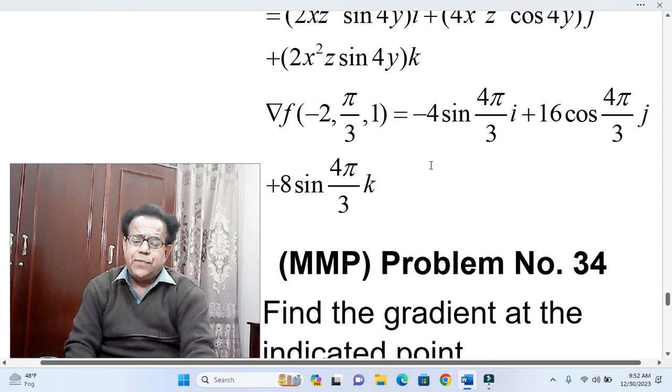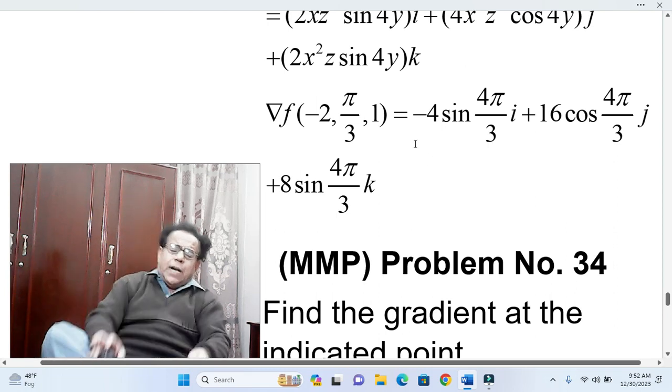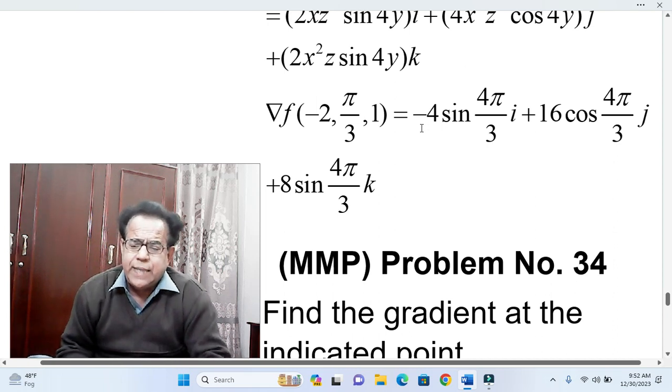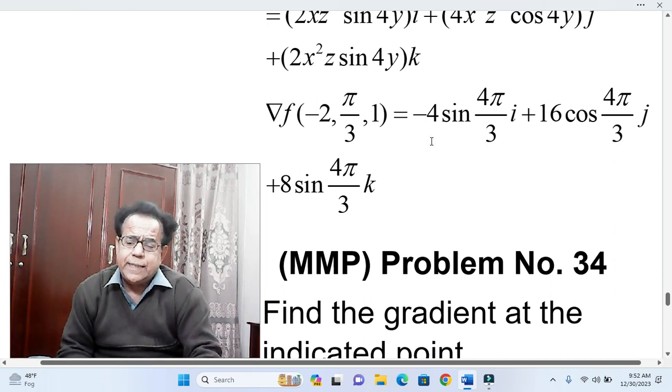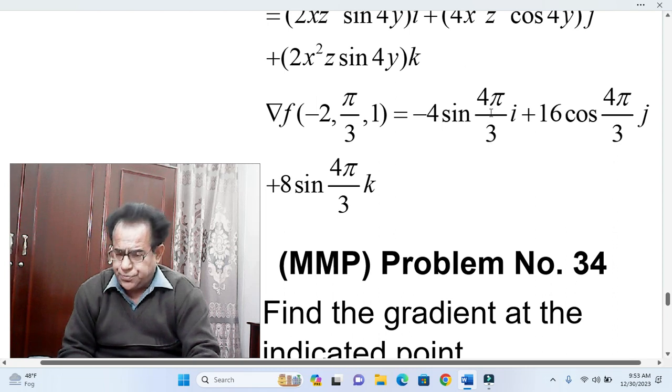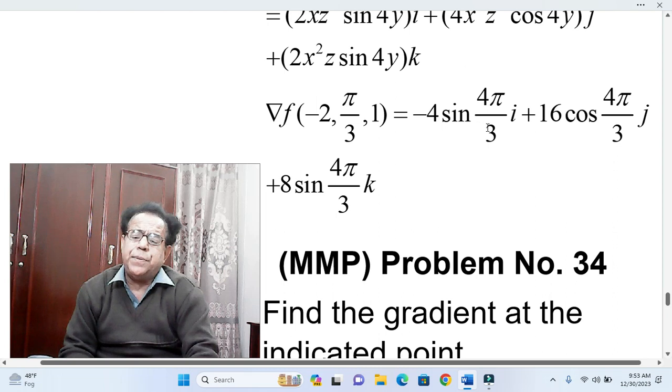Dear students, here one step more can be done, but it is just a matter of discretion, so I have not done that step. What is that step which can be made? Dear students, the value of sine 4 pi by 3 can be found from tables. Similarly, the value of cos 4 pi by 3 can be taken from the table.